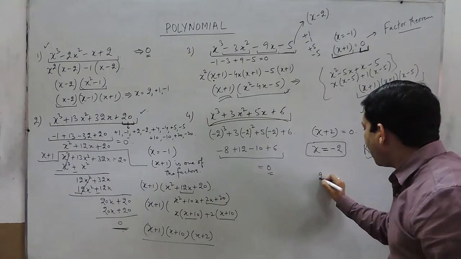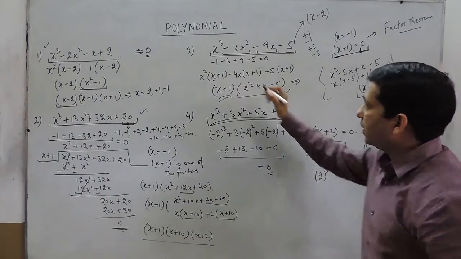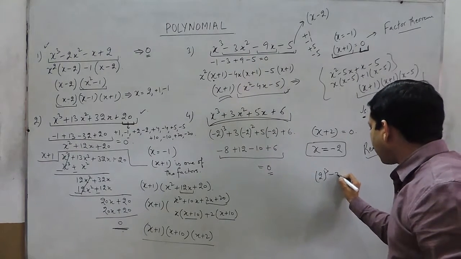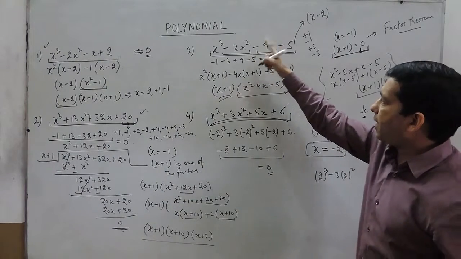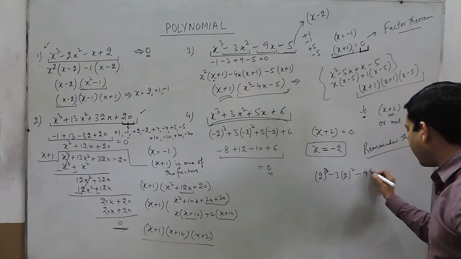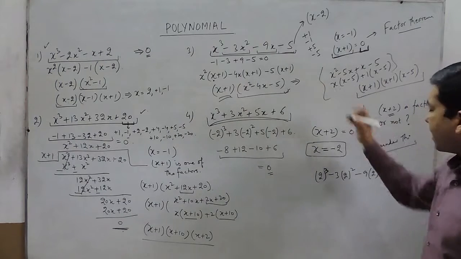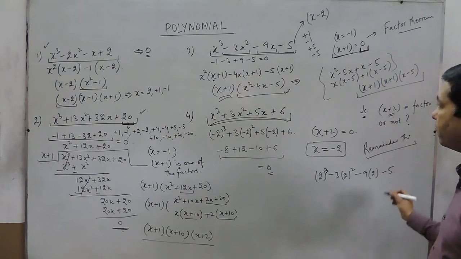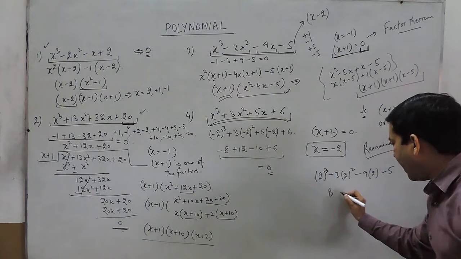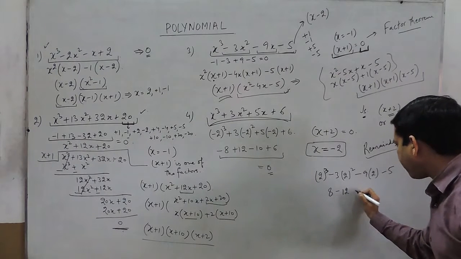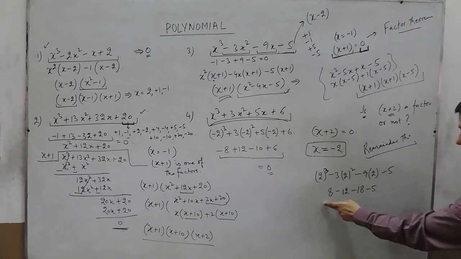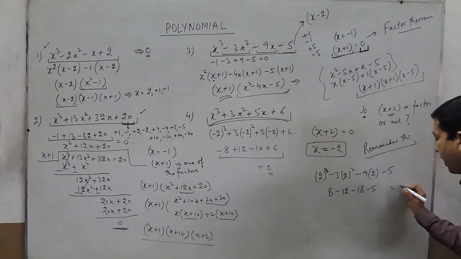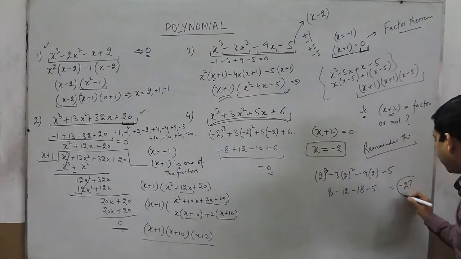It comes out to be 2 cube minus 3 into 2 square minus 9 into 2 minus 5, which is 8 minus 12 minus 18 minus 5. Now if we solve this whole, it comes out to be minus 27.